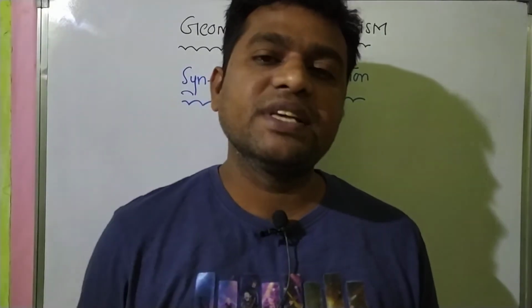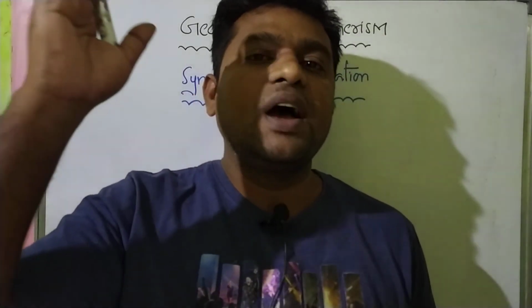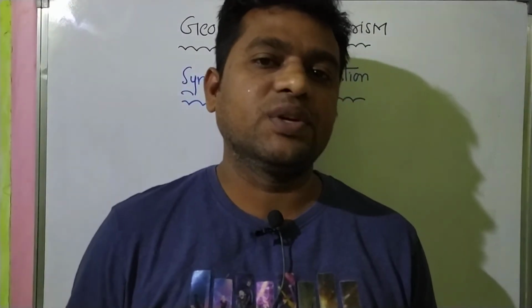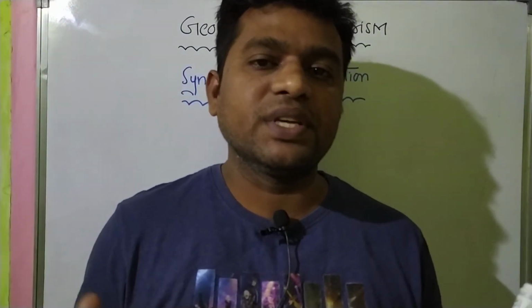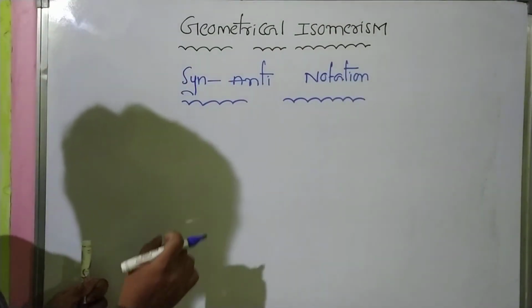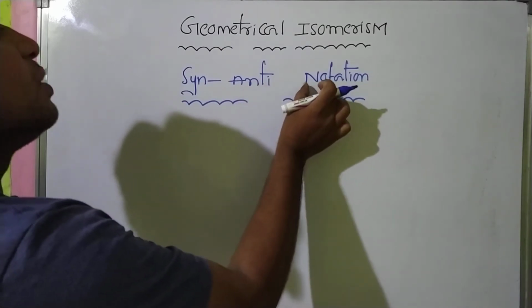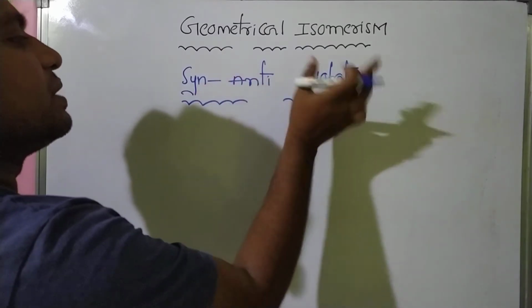That isomerism is called cis-trans isomerism in the case of alkenes and their derivatives. We did a lot of examples in previous classes. Okay, understanding? Now in this case, the geometrical isomerism is denoted by the syn-anti notation system.